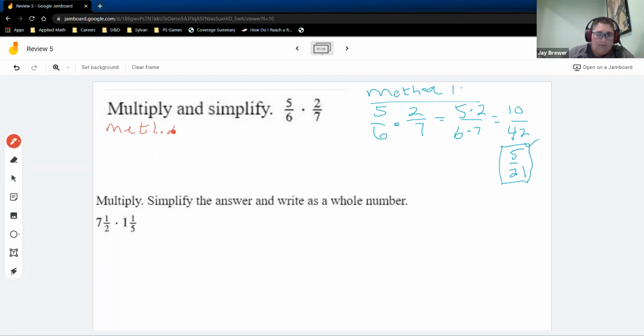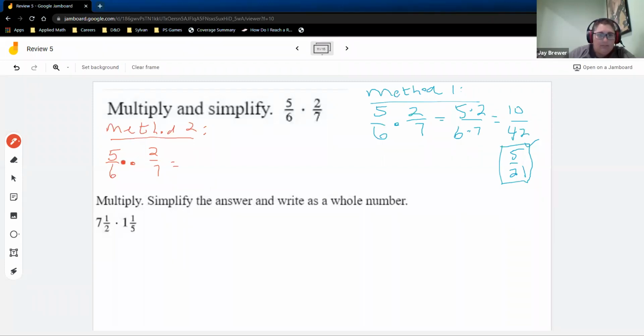Okay, so if you notice from before, we simplified second, and some people would teach you that that's not the only way to do it. You can see that it says multiply and simplify, but I actually like when we do the simplifying first, because then it lets us multiply smaller numbers and you're automatically right to your answer.